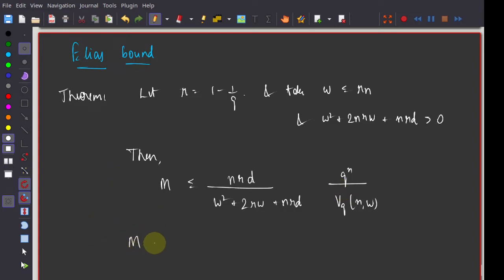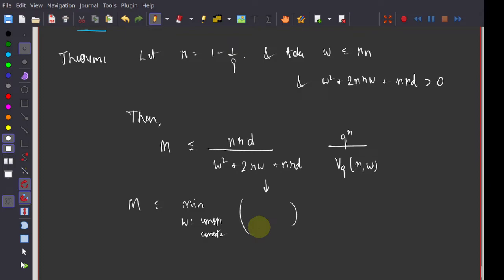So M is in fact less than or equal to the minimum over all possible w which satisfies constraint 1 and constraint 2 of this particular expression. Now it's difficult to visualize what this looks like, but it's still possible to numerically evaluate it.